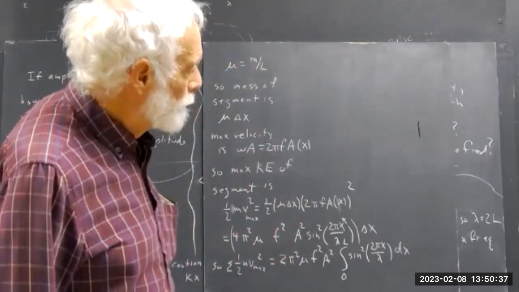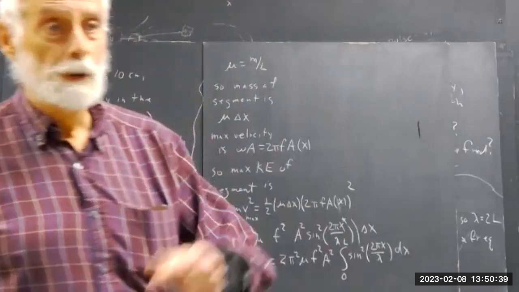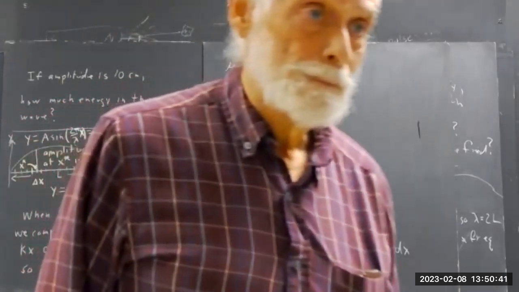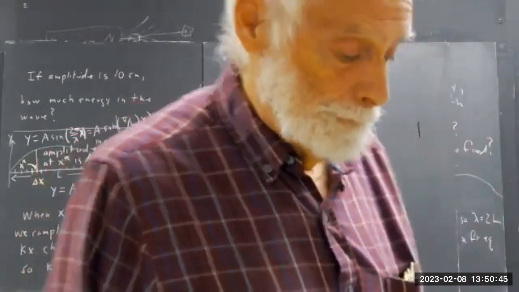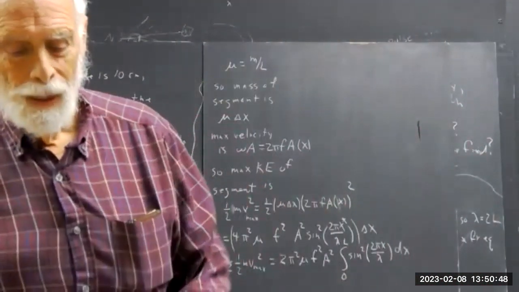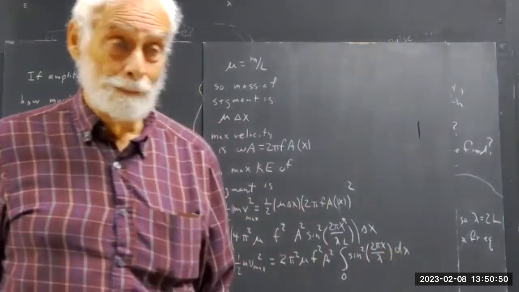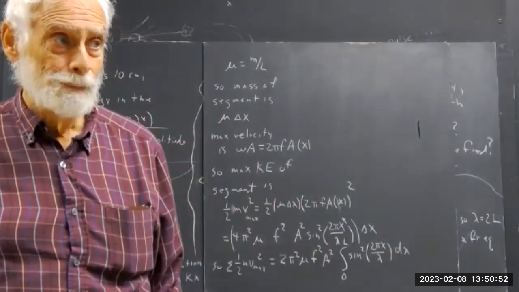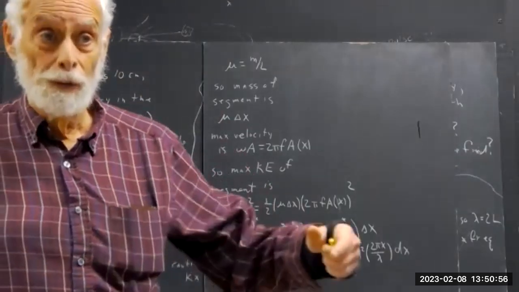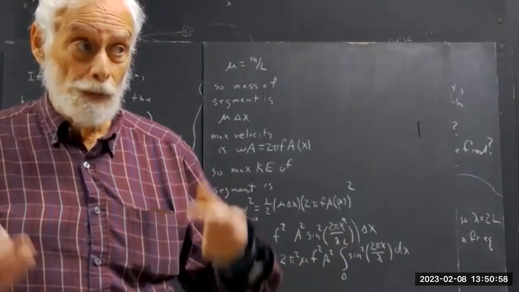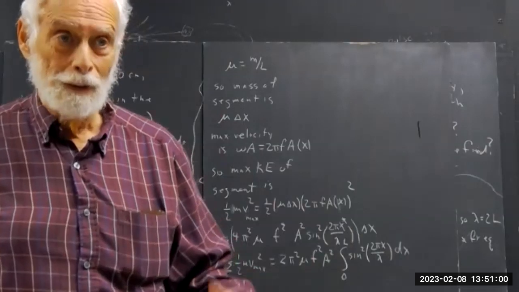Anyhow, the integral of the sine squared over any half cycle or full cycle is actually not 1/2, but 1/2 times the length of the interval, because the average value of the sine squared over a full cycle is 1/2.